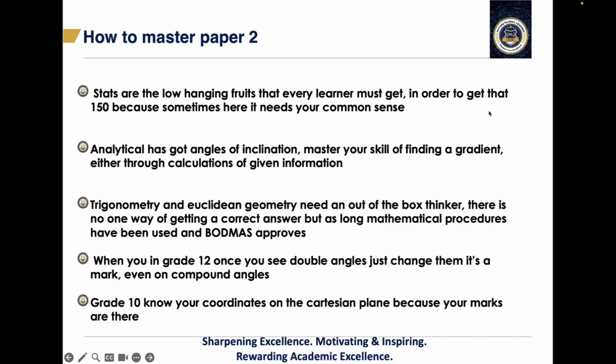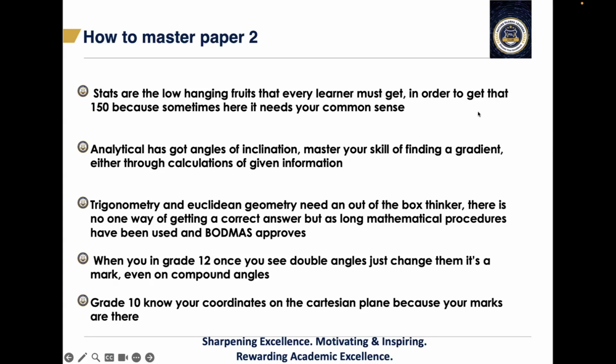Analytical geometry has got angles of inclination. The angles of inclination require a gradient. So if ever an angle of inclination requires a gradient, it means two things.